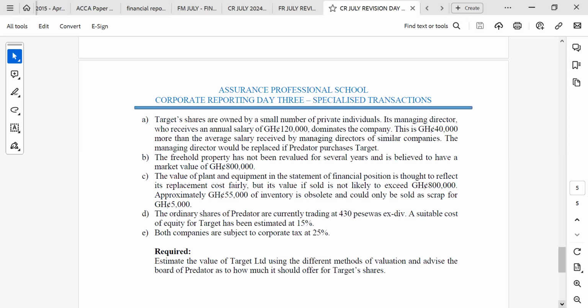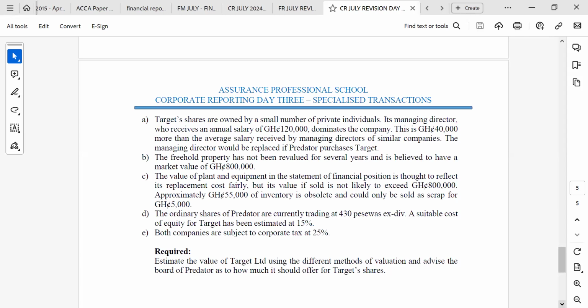D. Ordinary shares of Predator are currently trading at 430 pesos ex-div. A suitable cost of equity for Target has been estimated at 15%. E, both companies are subject to corporate tax at 25%.